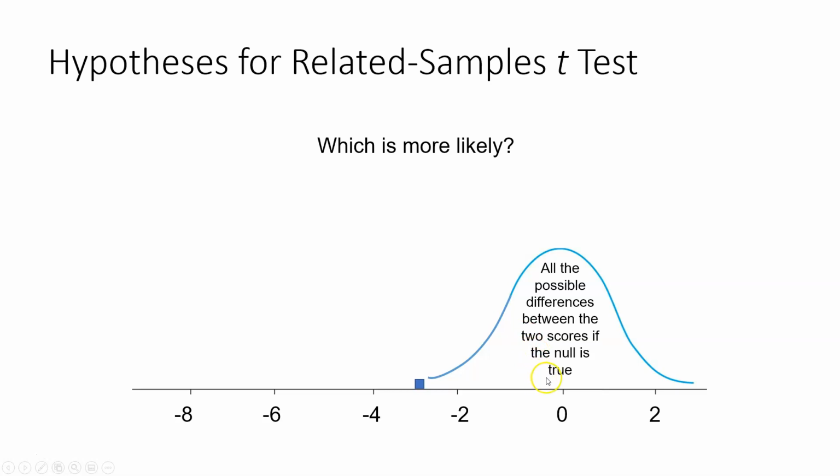But every once in a while, you might find a difference between the people in your sample that ends up being much higher or much lower just by chance, even though the null hypothesis is true and swearing doesn't actually make a difference. That might happen from time to time, and this could be that time, but that will only happen every once in a while, like less than 1% of the time.